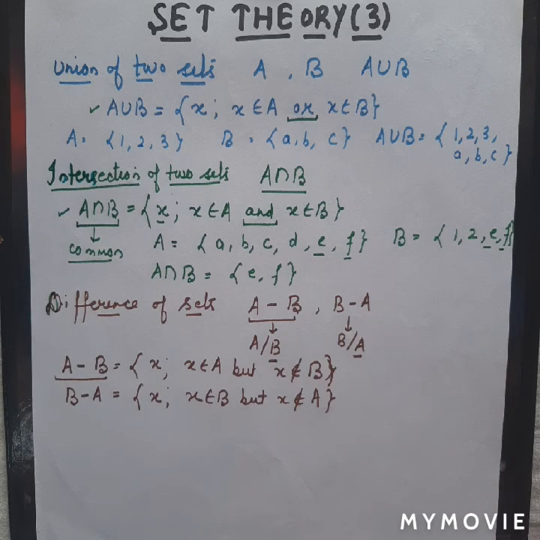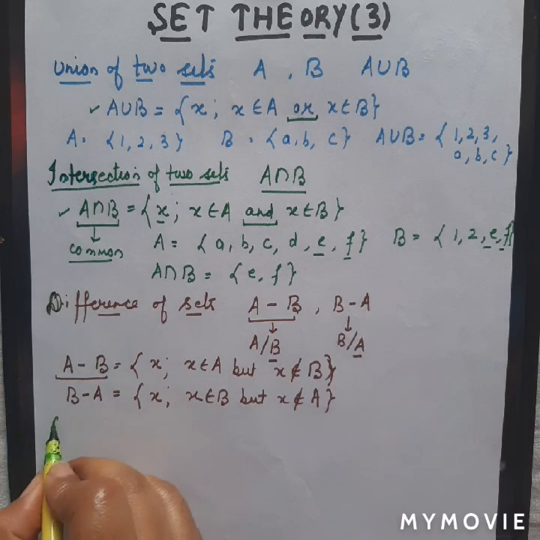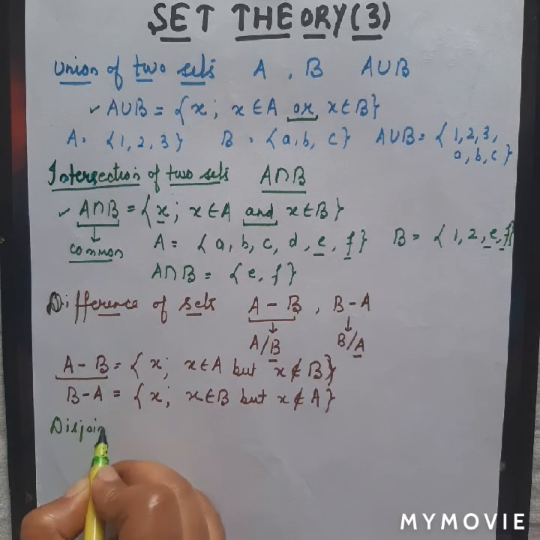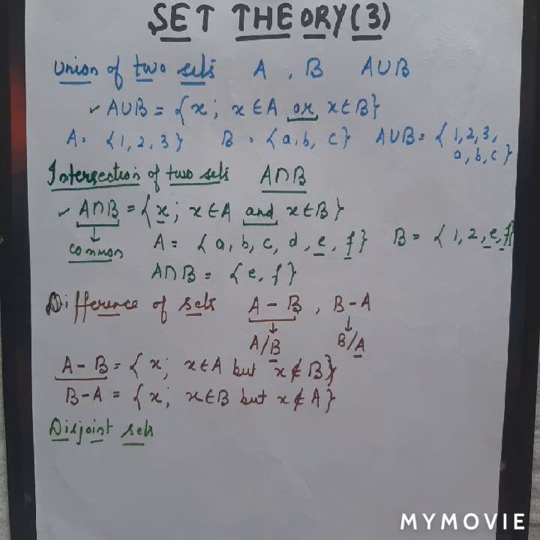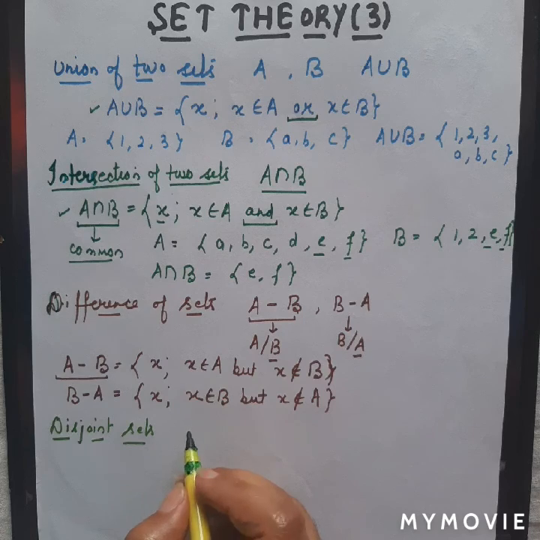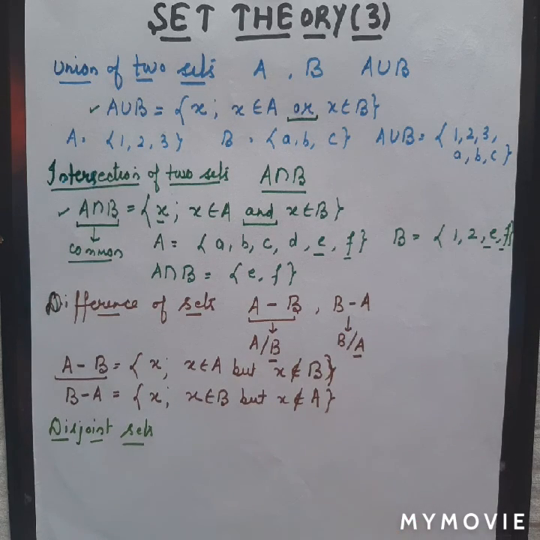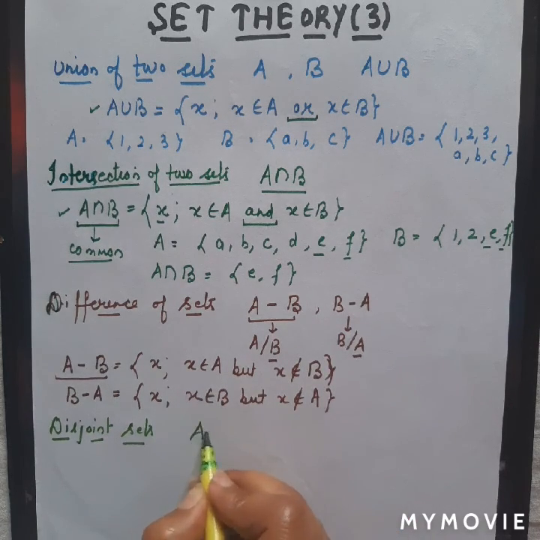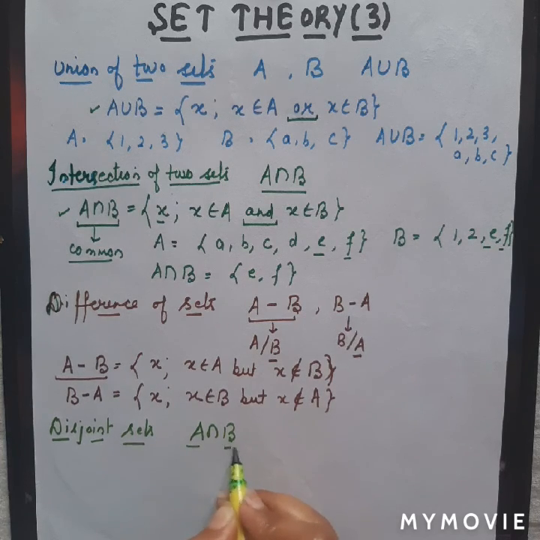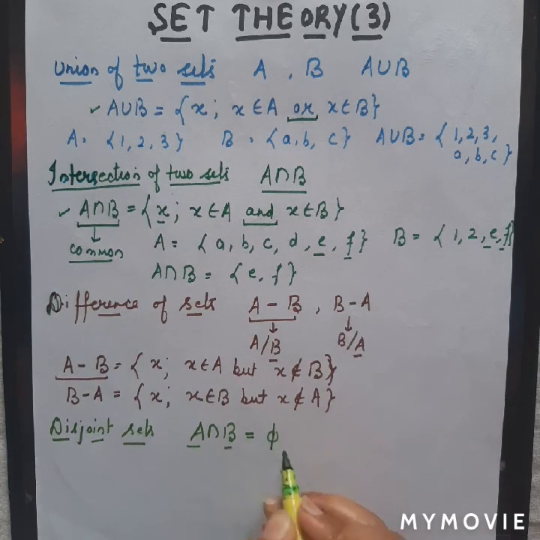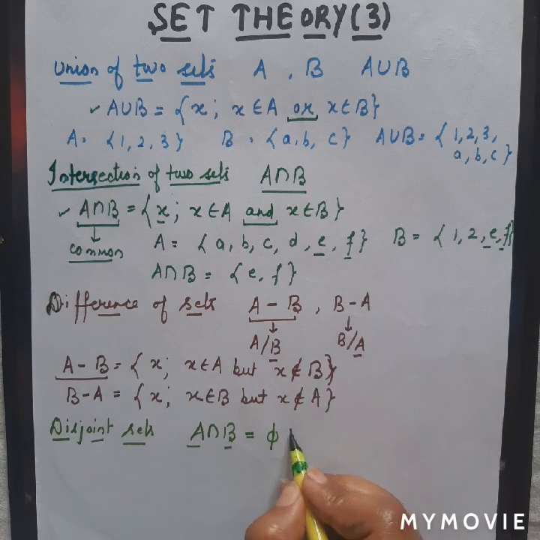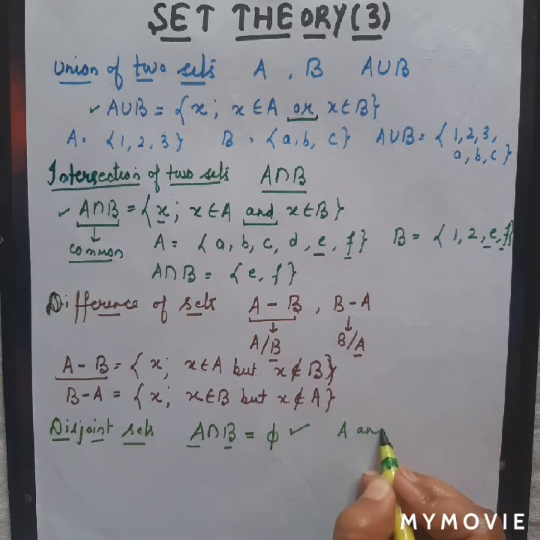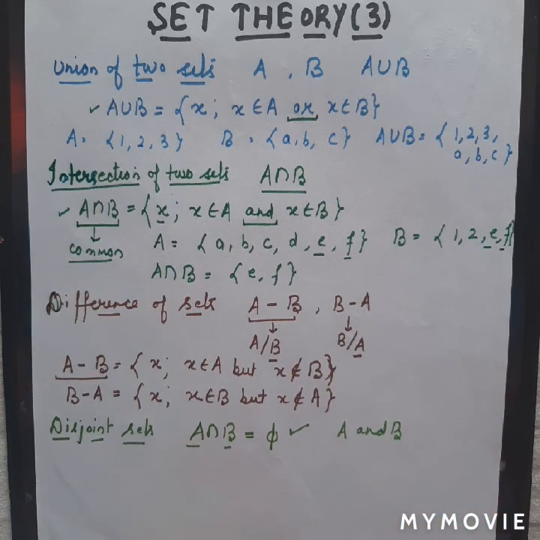So this is about the difference of two sets. Now the next topic is disjoint sets. What are disjoint sets? Let A and B be two sets which are said to be disjoint when the intersection of the two sets A and B is equal to phi, and in that case we will say that those sets A and B are disjoint sets.